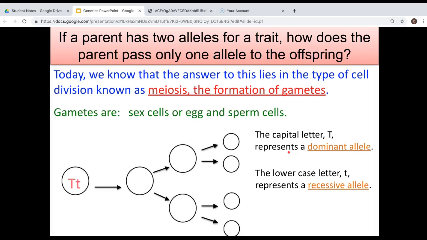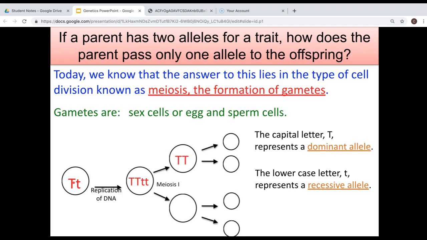All right, so during meiosis, we have big T, little t, replication, so we have 2 of each, I'm sorry, so we replicate that. In meiosis, we have to replicate that. In interphase, we replicate the genetic material.